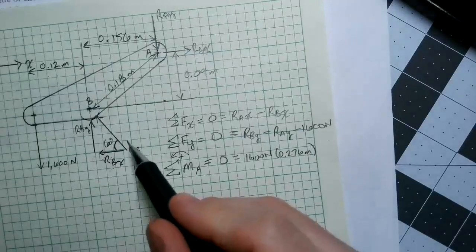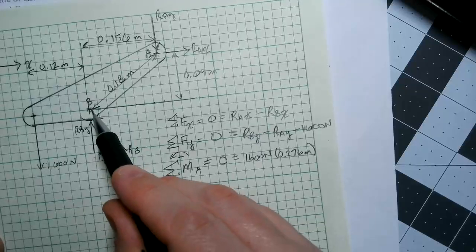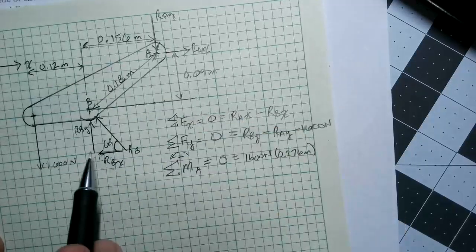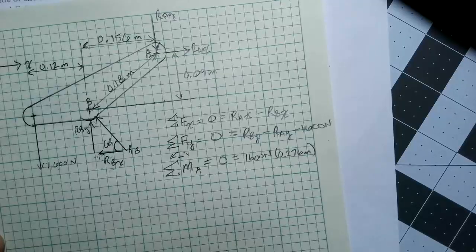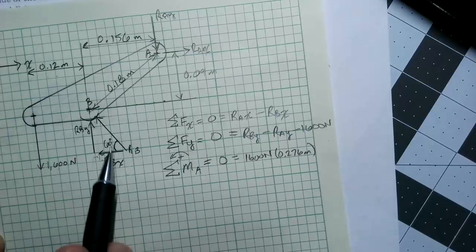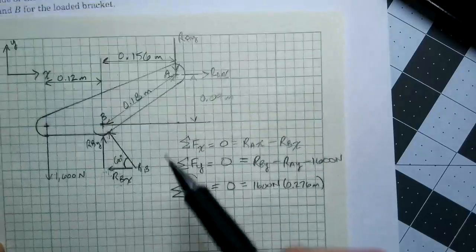And now, what else do we have going on? At point B, we can simply look at RB at a distance of 0.18. Now, we could use RBY and RBX, and that would work as well. But let's just use RB since it simplifies our equations a little bit.